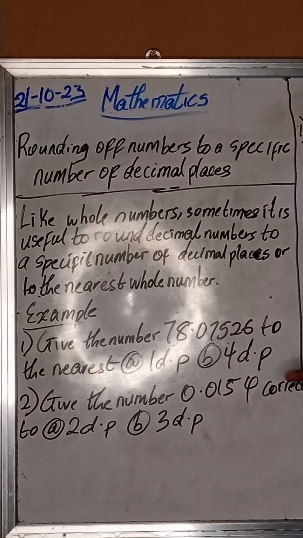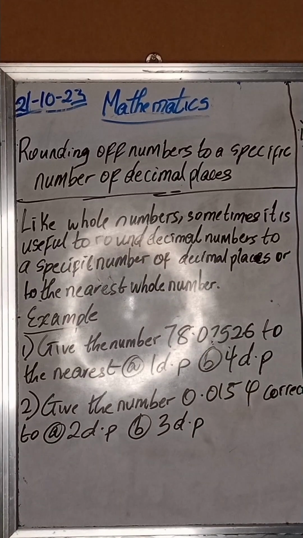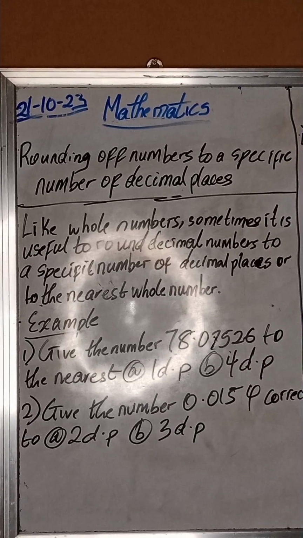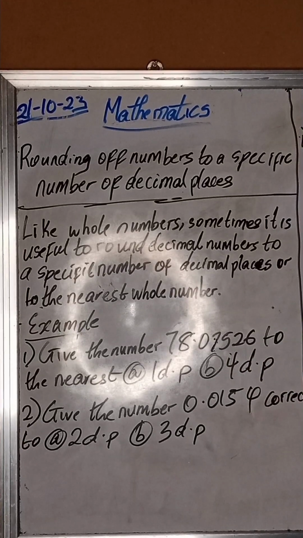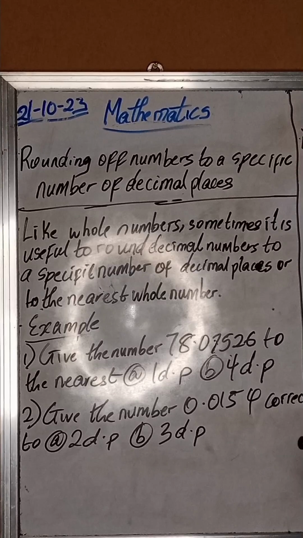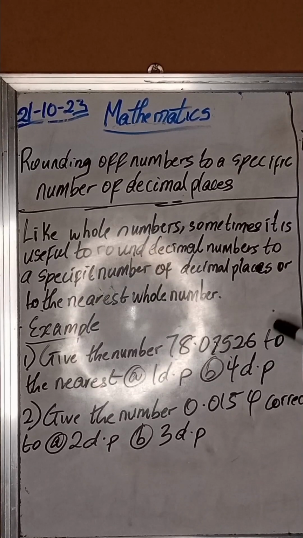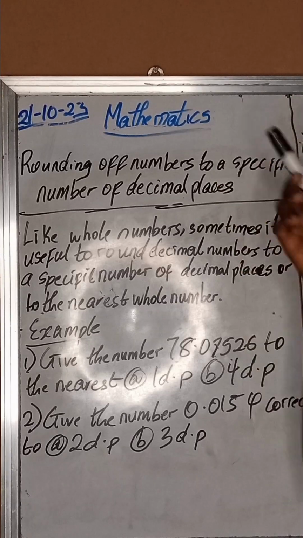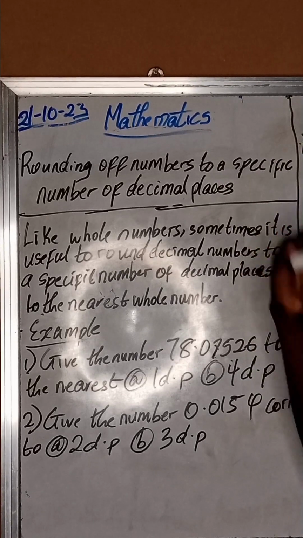Number 1, you look at the number you want to round up. Number 2, you look at the right of the number and see the decider. Number 3, you look at the decider. If it's 5 or above, you round it up. If it's less than 5, you round it down.